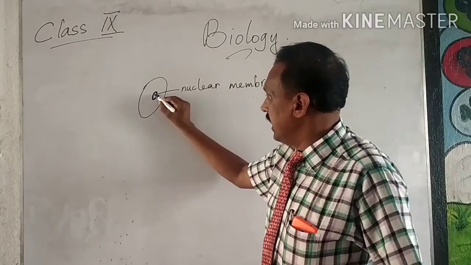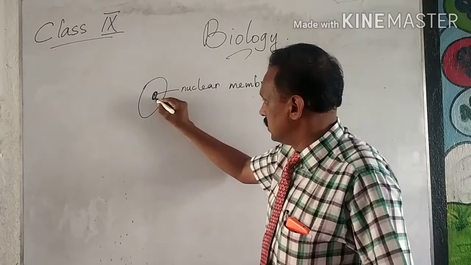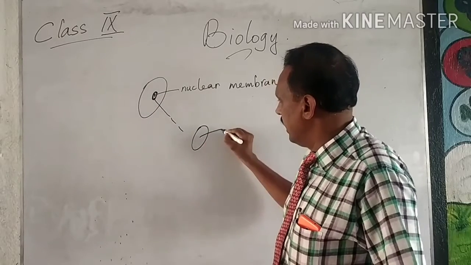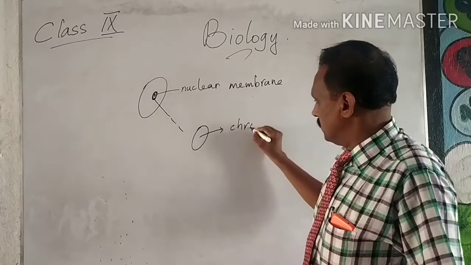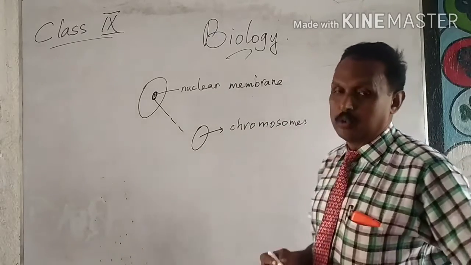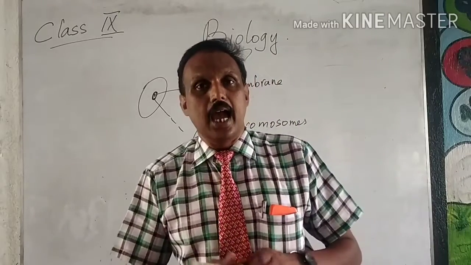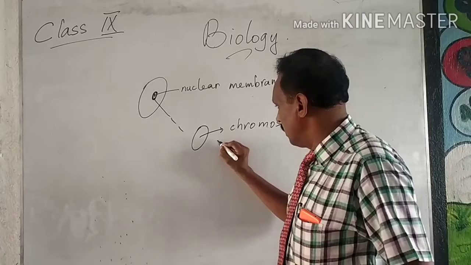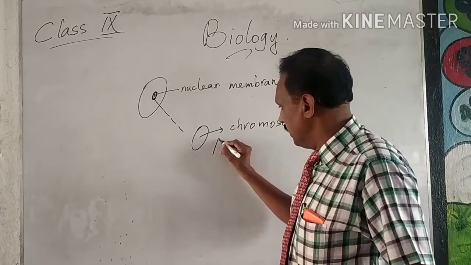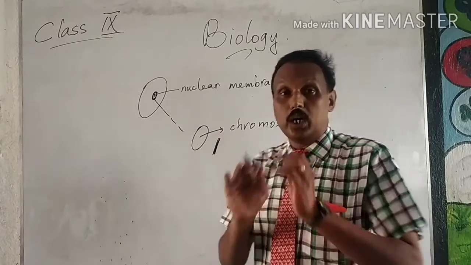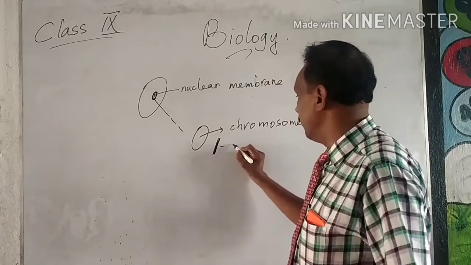And what does it contain? It contains chromosomes. The nucleus has chromosomes, and these chromosomes are seen as rod shaped, only when the nucleus is dividing.